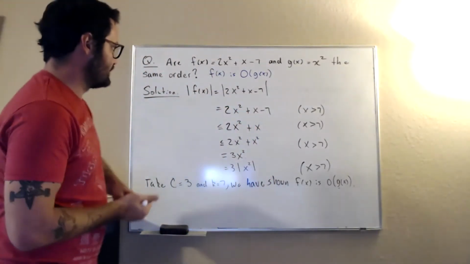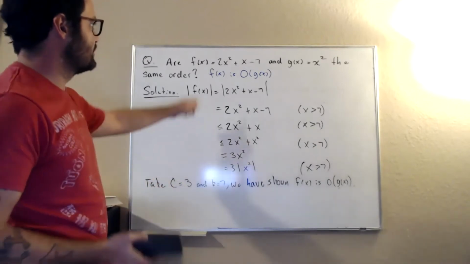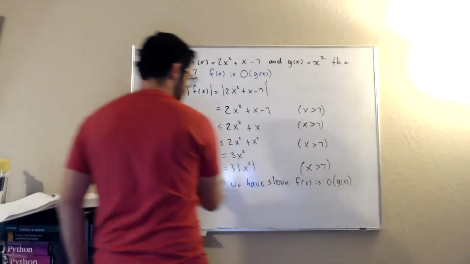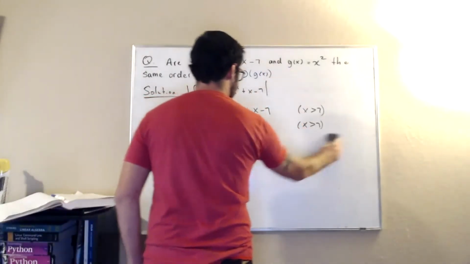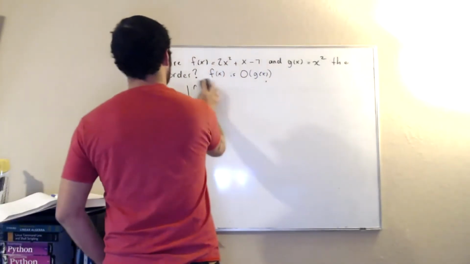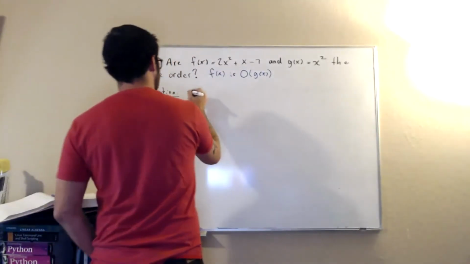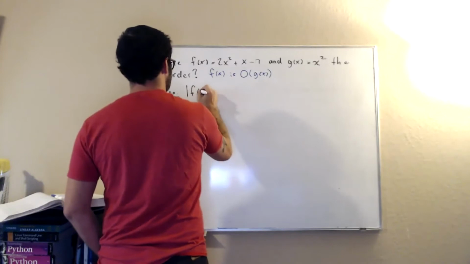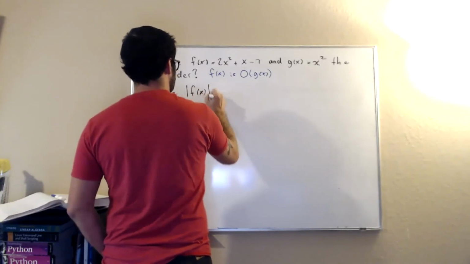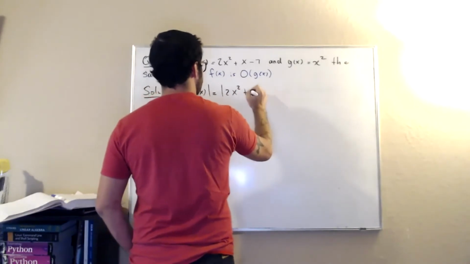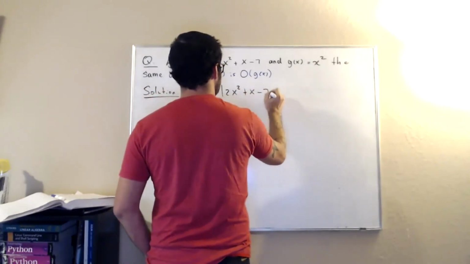All right, so now we need to show that f is big omega of g of x. Do this again with absolute values. The same trick applies here.